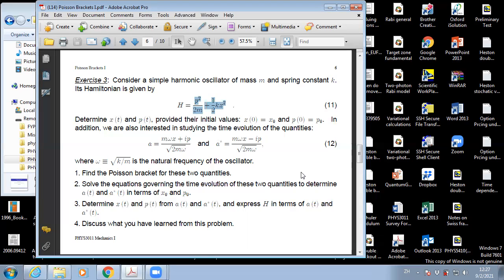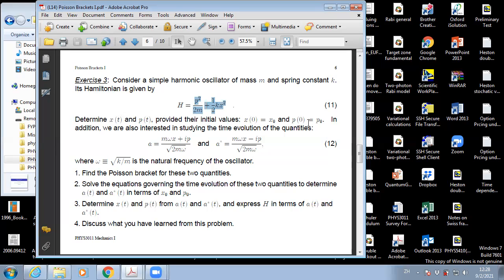And the answer is yes. Why do I say so? Because H is real, as we know. If we write it as a product of two complex functions, then the two complex functions must be complex conjugate to each other. So this is very obvious.